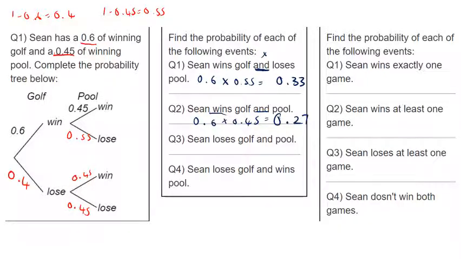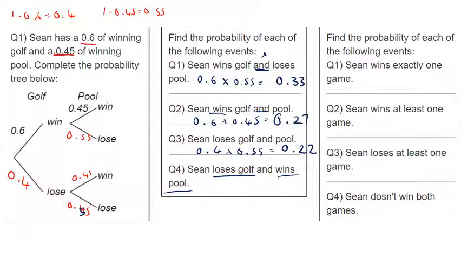Part 3, Sean loses golf and pool. So losing golf is 0.4. Losing pool is 0.55, sorry, I wrote the wrong number there. Which is 0.22.